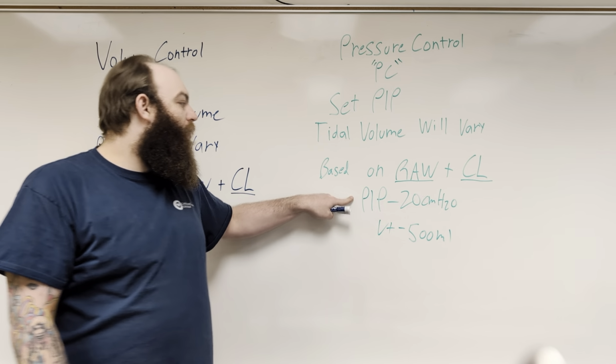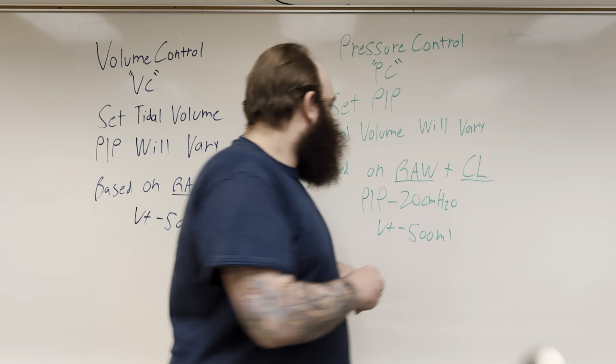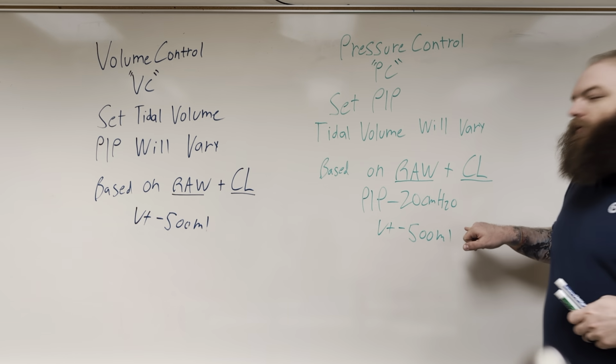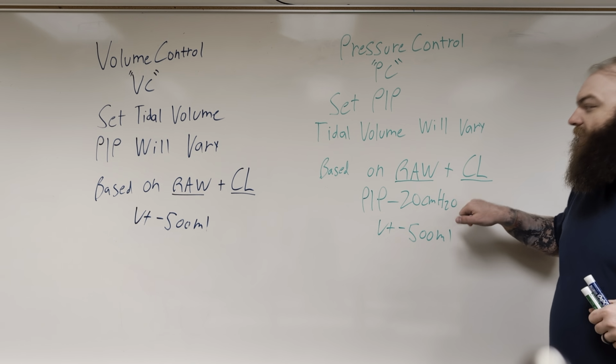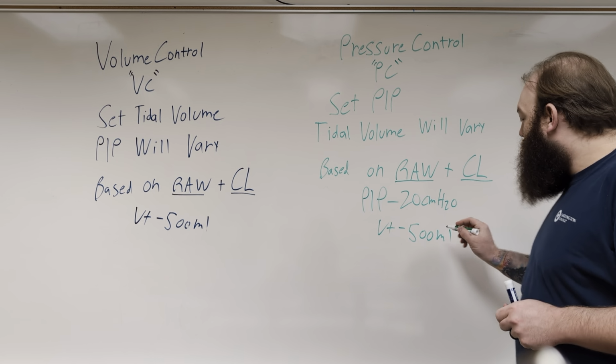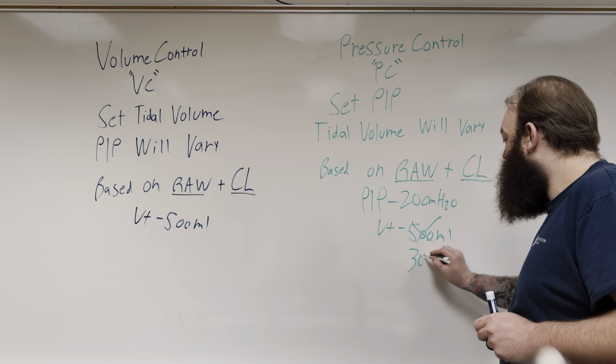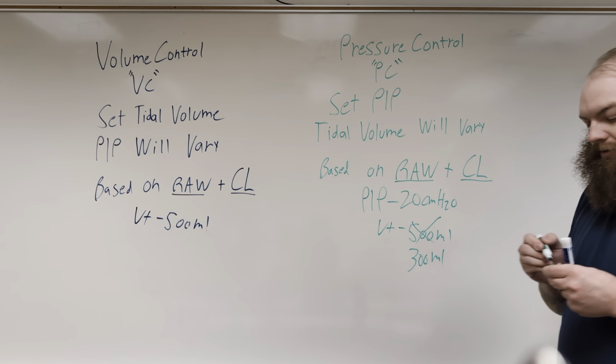But that patient is only getting the 20 centimeters of water pressure that I set. So if they were getting 500 milliliters and their lungs become less compliant, stiffer, my volumes might go down. I might only get, say, 300 milliliters.